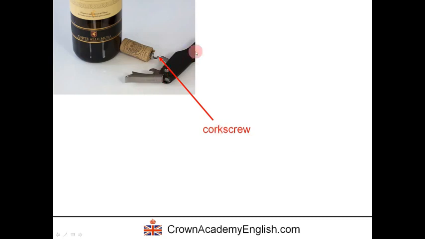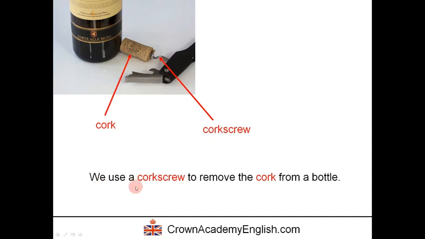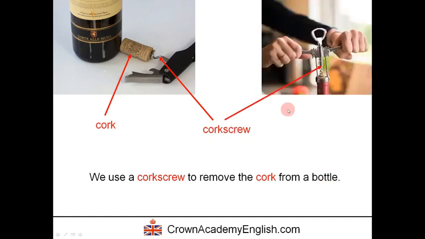This black object is called a corkscrew. A corkscrew. And this is called the cork. The cork. So we use a corkscrew to remove the cork from a bottle. And here is another example.